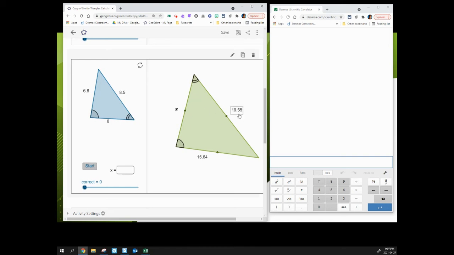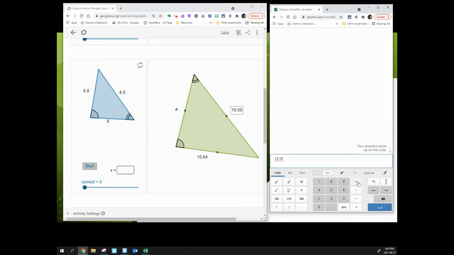So 19.55 in the big triangle, 8.5 in the small triangle. So that is going to give me the scale factor. And I'm going to calculate it by dividing 19.55 divided by 8.5. And I can see that my scale factor is 2.3.